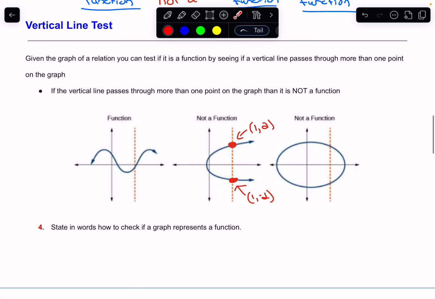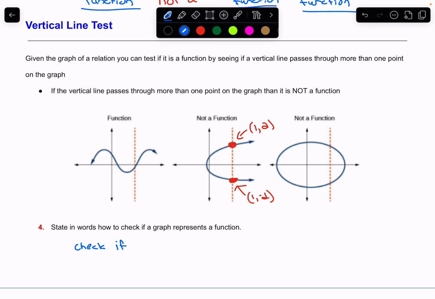All right, so for number 4, it says state in words how to check if a graph represents a function. So really here, I just want you to write down the vertical line test again, what it does. What we are doing is checking, or I'll just write check here.